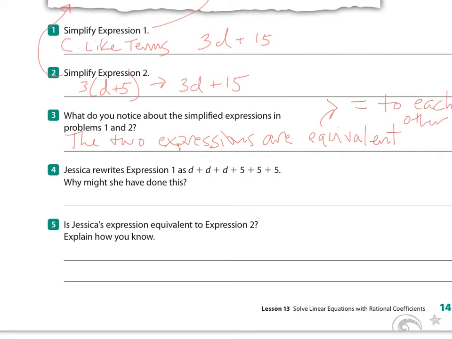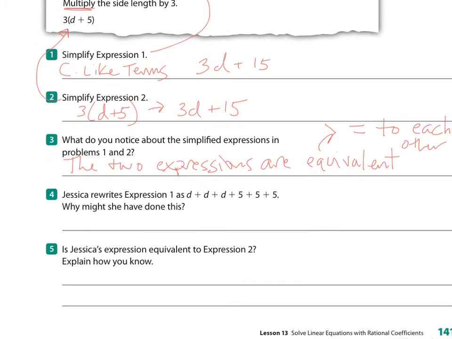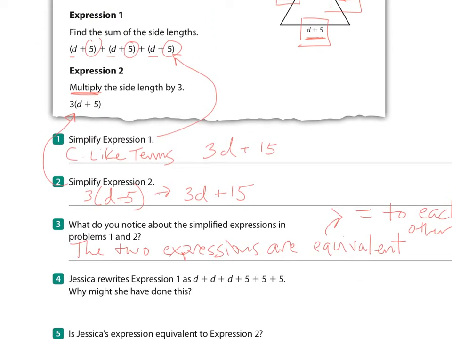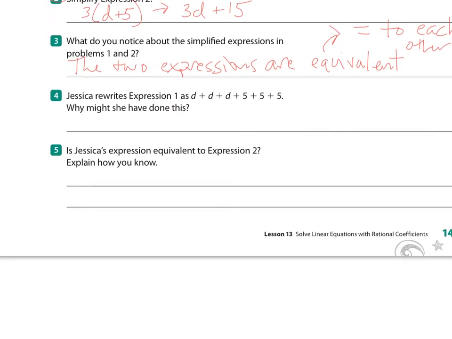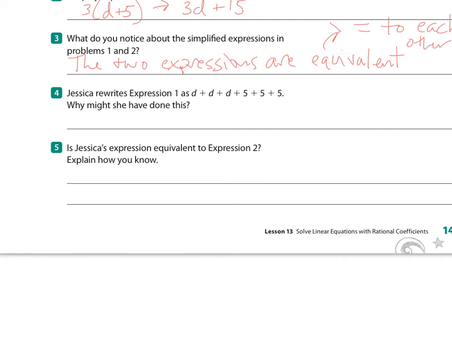All right, they're the same thing. They might look different initially, right? If we look back, our two expressions don't look very much alike. Here's our first expression right here. Here's our second expression right over here. They don't look alike, but once we simplify them, they do actually turn into the same thing. So let's see what else it wants to know.